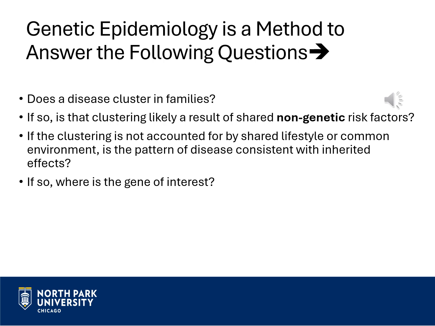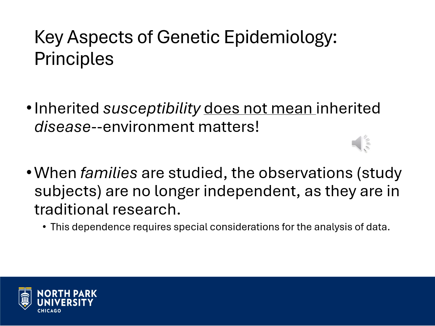As genetic epidemiologists attempt to find out if a particular condition has a strong genetic susceptibility, they follow this pattern of questioning, with each one building on the previous one. Again, the first bullet point refers to this interrelationship between inherited susceptibility and the impact of the environment.